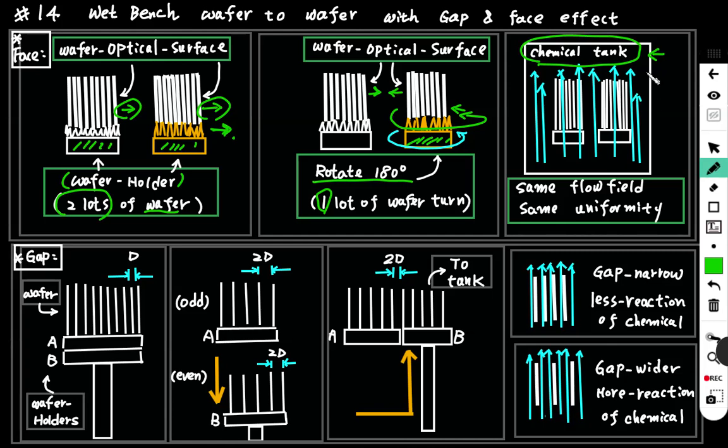According to the chemical tank is a sealed environment, the right first piece of wafer is the back side, and this one is the optical side.